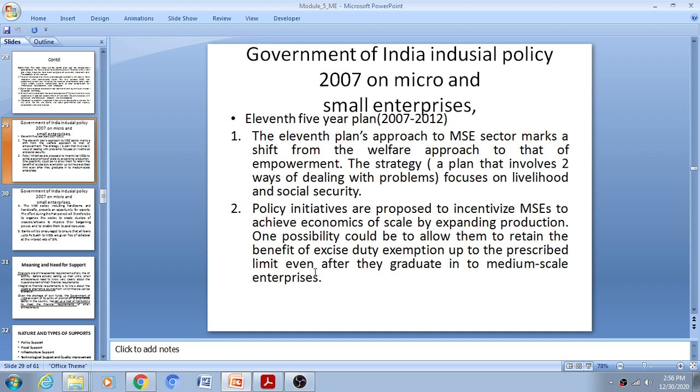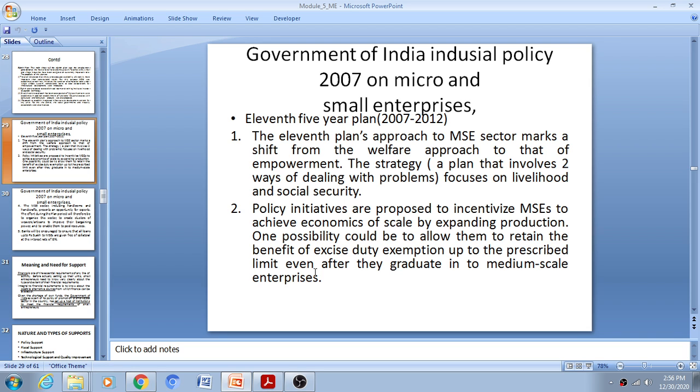The next one is that policy initiatives are proposed to incentivize MSEs to achieve economies of scale by expanding production. Whatever policy the Government of India made in 2007, they concentrated on giving incentives to the MSEs, that is, giving concessions to the MSEs.